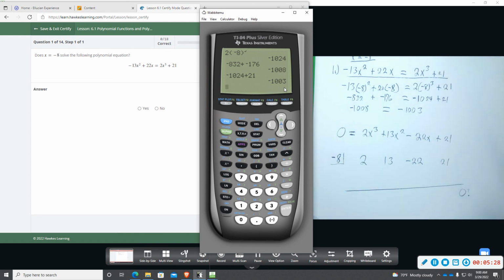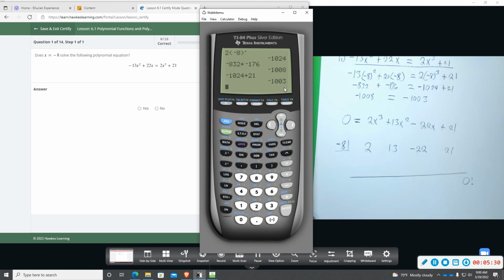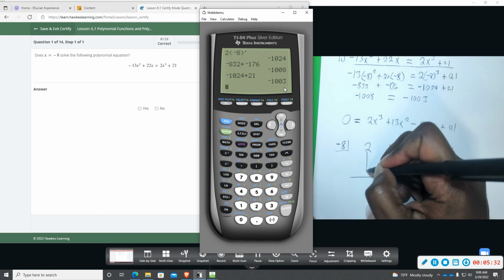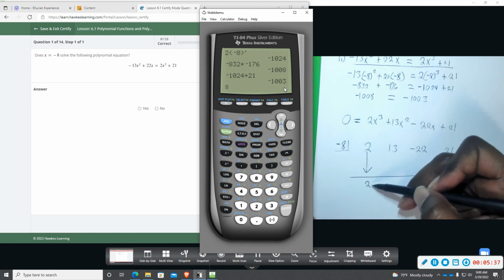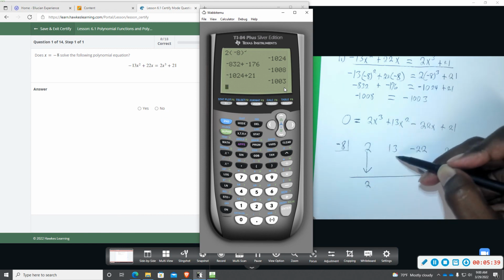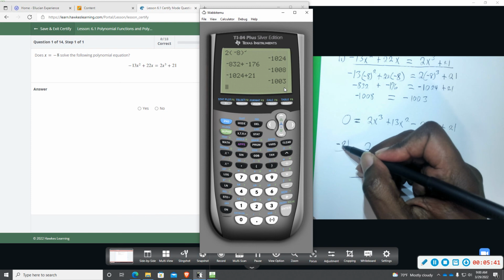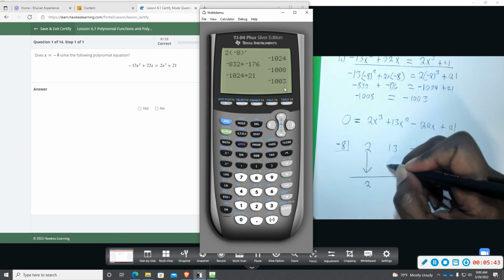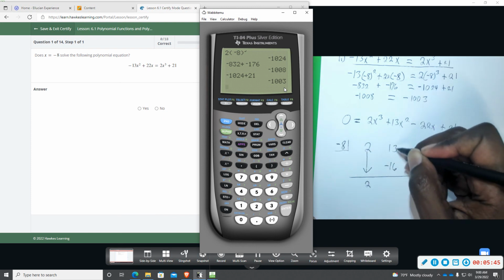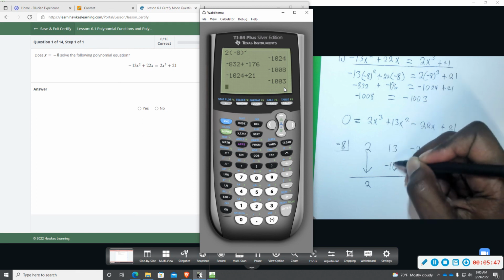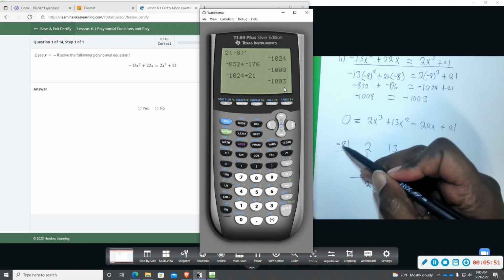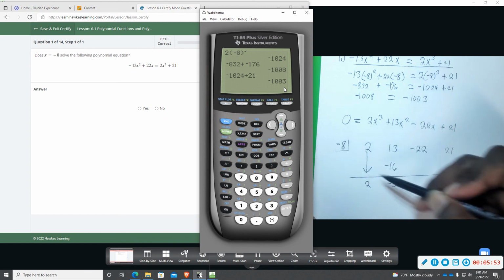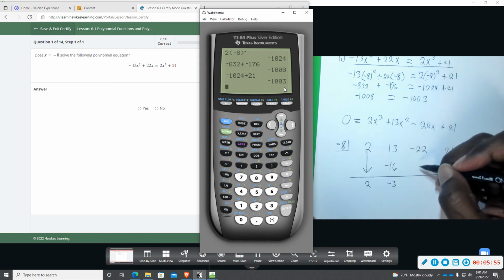That's what solves it. All you do is you bring the first number straight down, always, and everything below the line gets multiplied by negative 8, and then you write the result and do the math. So negative 8 times 2 is a negative 16. Combine these, positive and a negative, you subtract, and you get a negative 3. And then you do it again. Multiply these two. Negative 8 and negative 3 will give you a positive 24.